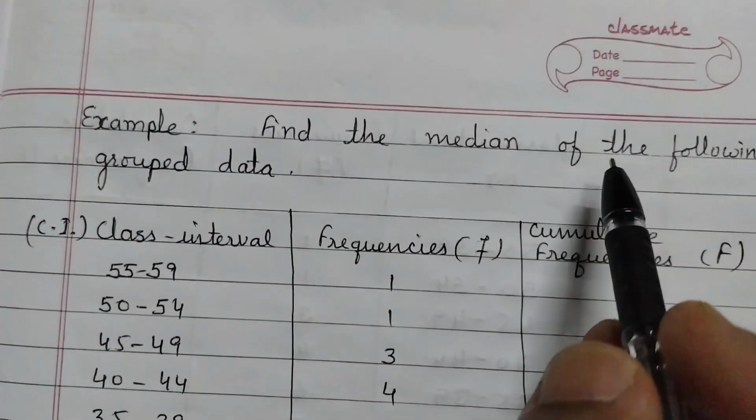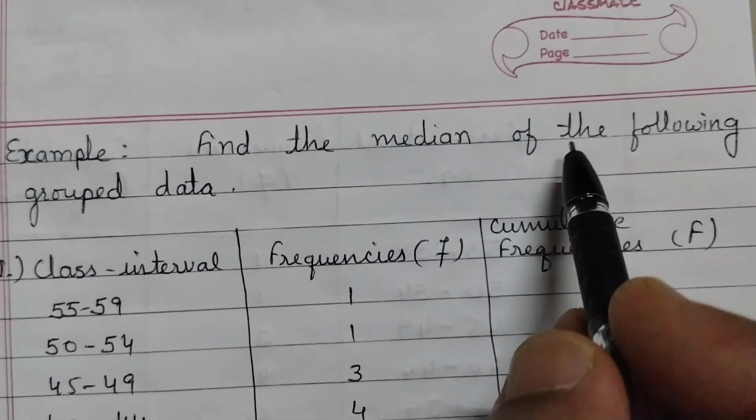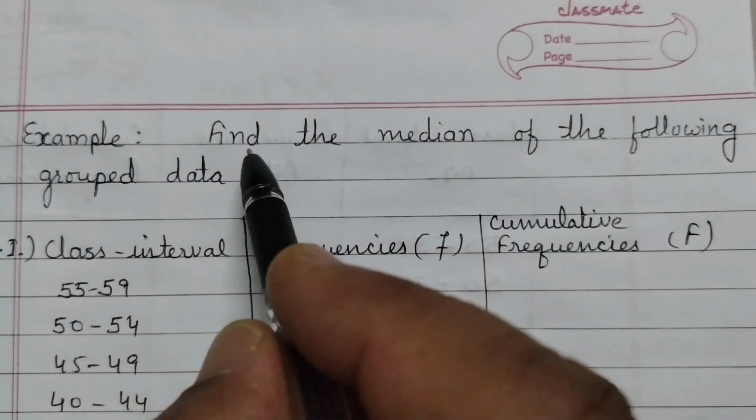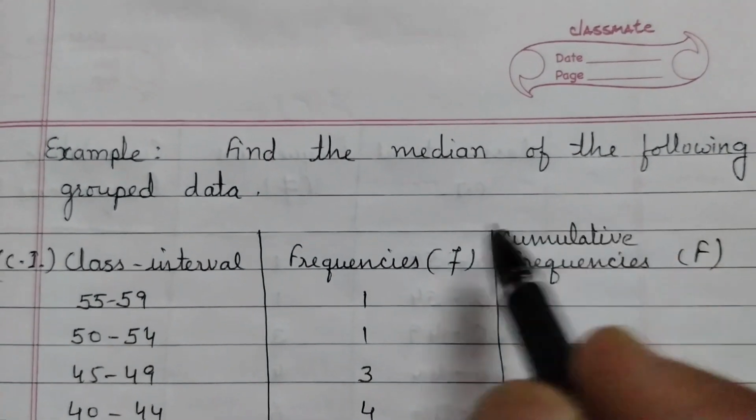Find the median. I will calculate the median, which I have already calculated in parts 5 and 6, but here I have taken the same example again. Find the median of the following grouped data.